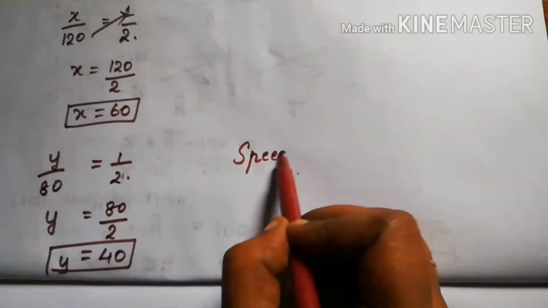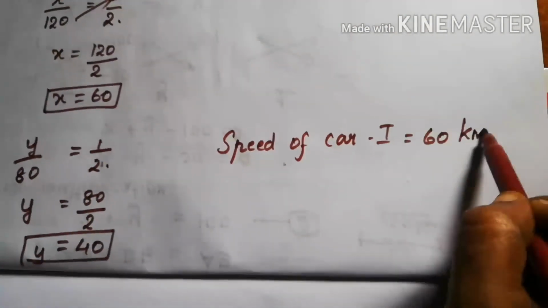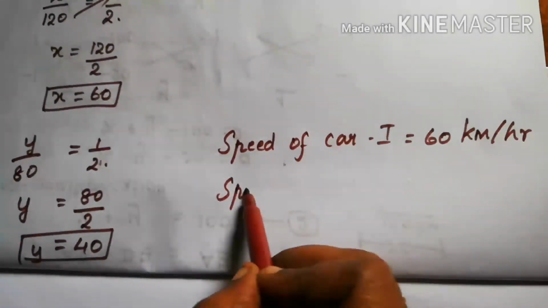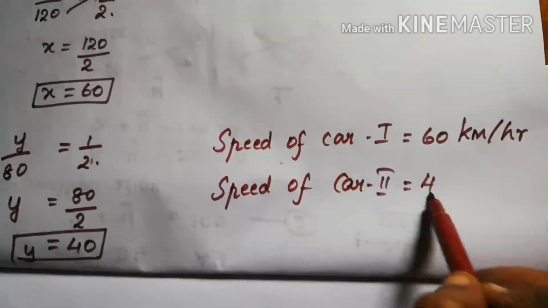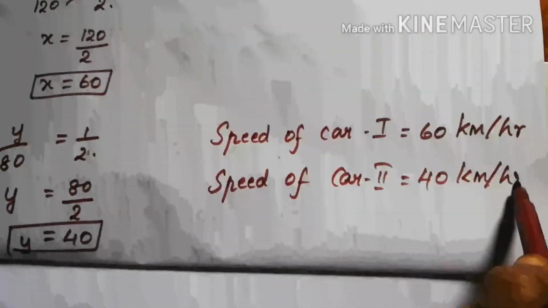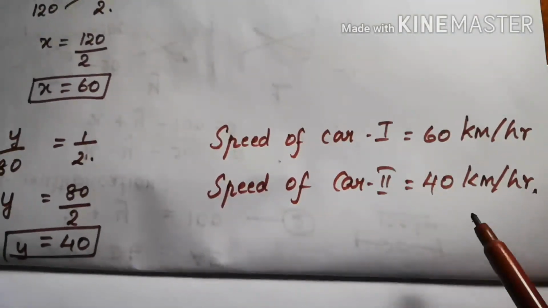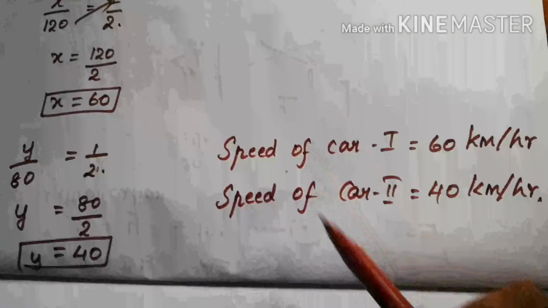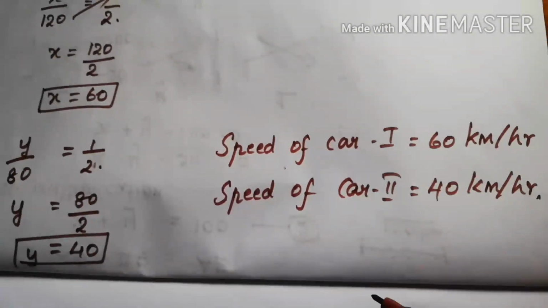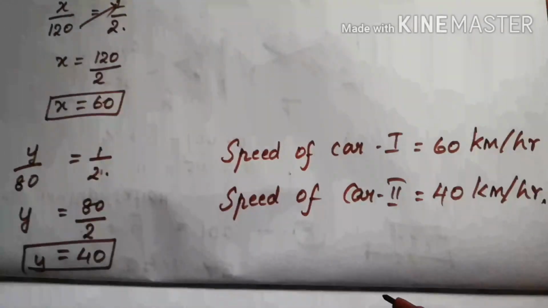Therefore the speed of car 1 is 60 kilometer per hour and the speed of car 2 is 40 kilometer per hour. Able to understand this concept? Likewise, you can do the two sums that I have given as homework and do all the calculation part clearly. Proceed by the cross multiplication method itself so that it will be a practice for you to work out and see. Thank you, students.